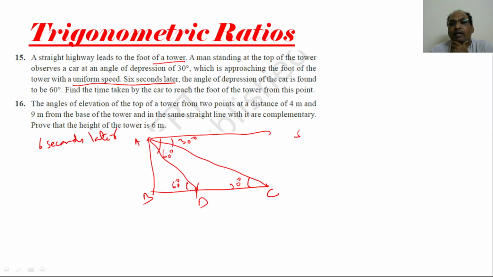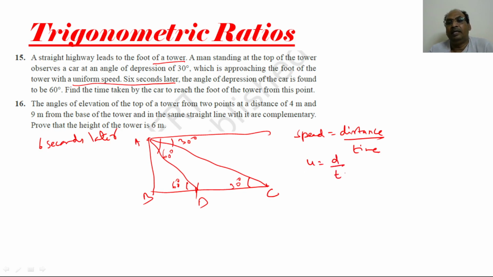So here we will be using speed is equal to distance by time. So v is equal to d by t, or d is equal to v into t. That speed is constant.